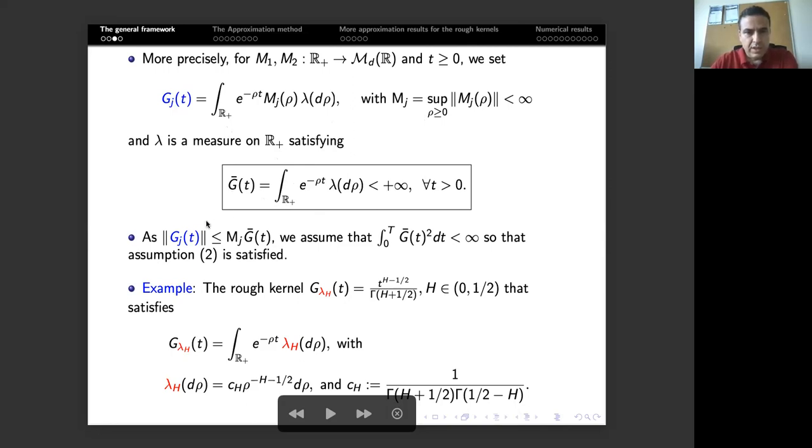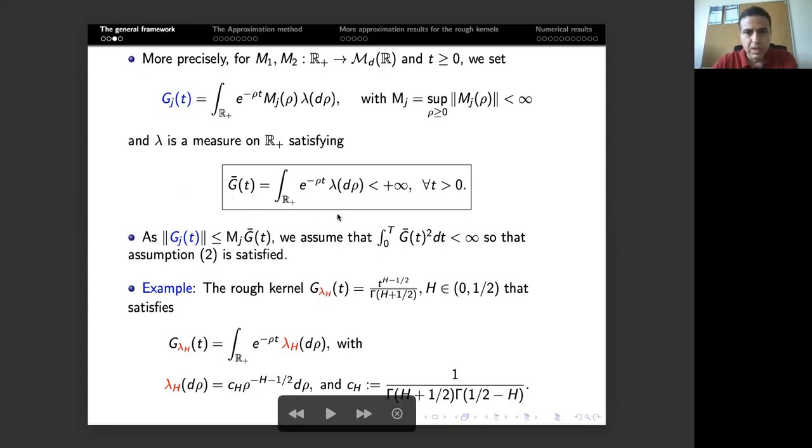So as you can see, a first remark that we can make is that since both kernels can be easily upper bounded thanks to this upper bound on the matrix M, they can be upper bounded by the G bar here.